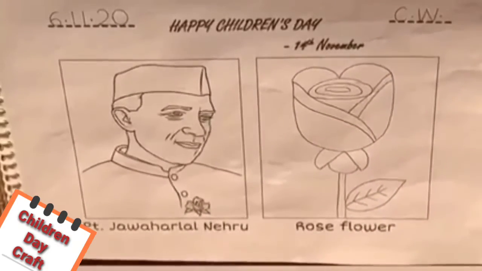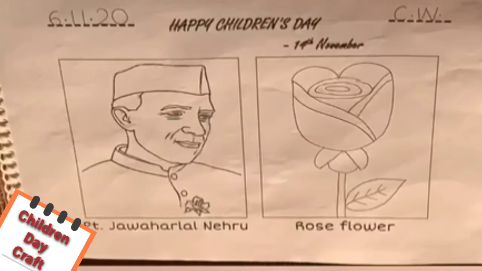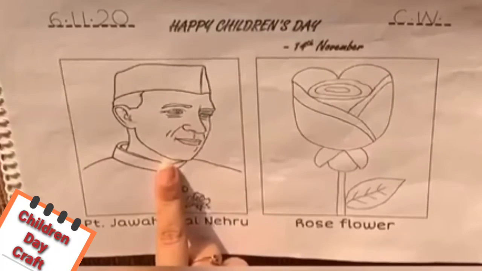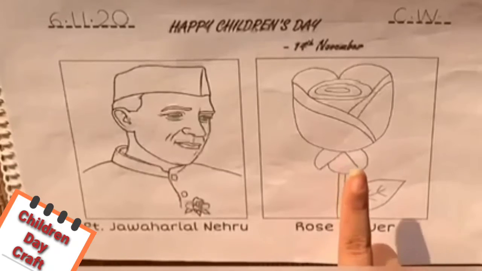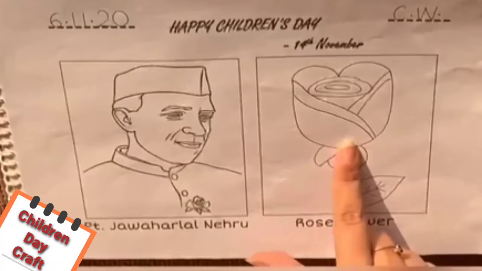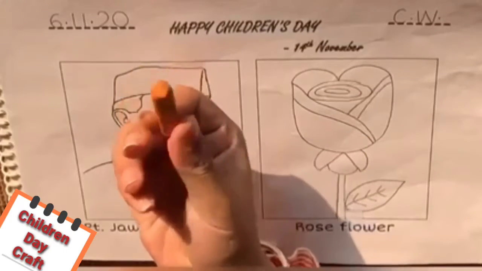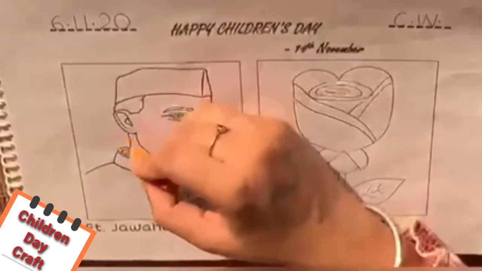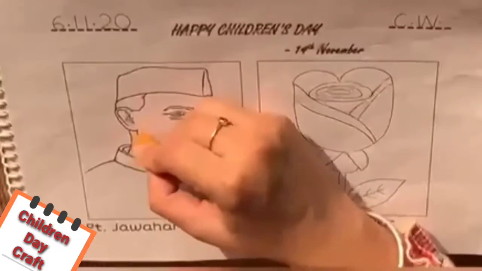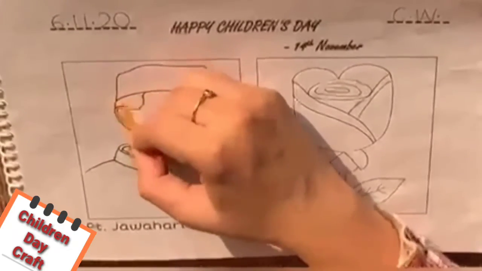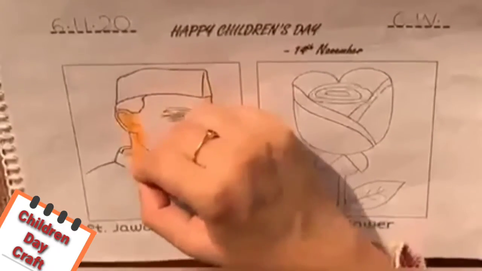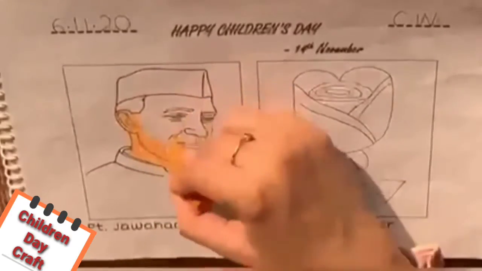Now children, we will be coloring the picture of Pandit Jawaharlal Nehru and the picture of a rose flower that we have drawn. Starting off with skin color, we will be coloring on the face of Jawaharlal Nehru.